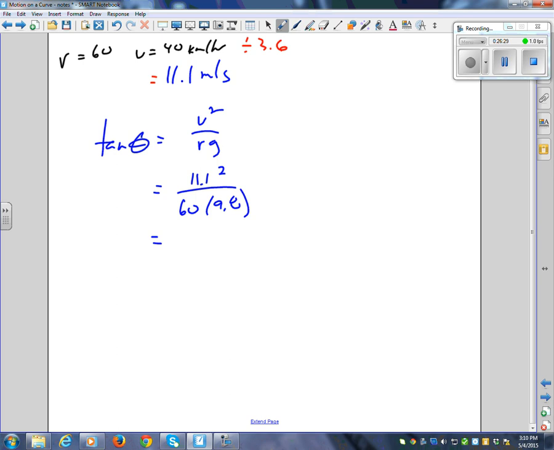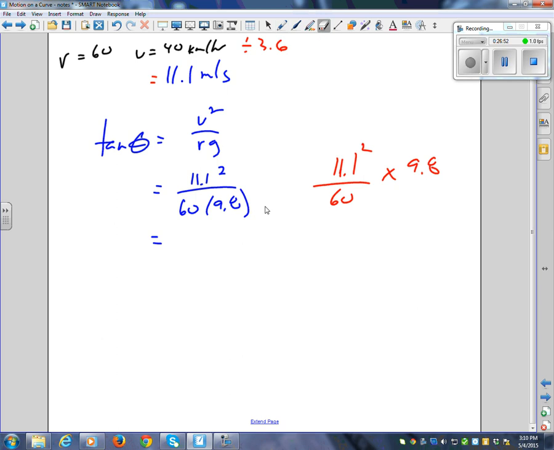Because if you just go 11.1 divide by 60 times 9.8, what you're really doing is this. And is that the same as this in blue? It is not.